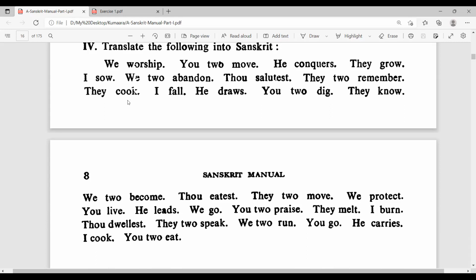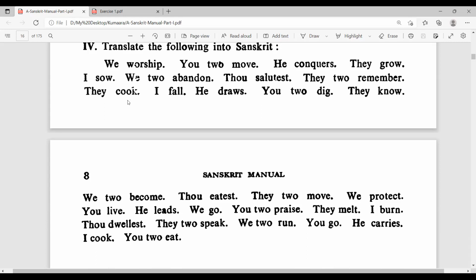Saha karshati only. Okay. Yes. You two dig, Yuvam khanatha. They know, te jananti. Bodanti. But here, anyway, it's okay. You can say Jananti, nothing wrong with that. You get Buddha Dhatu equal Bodanti.